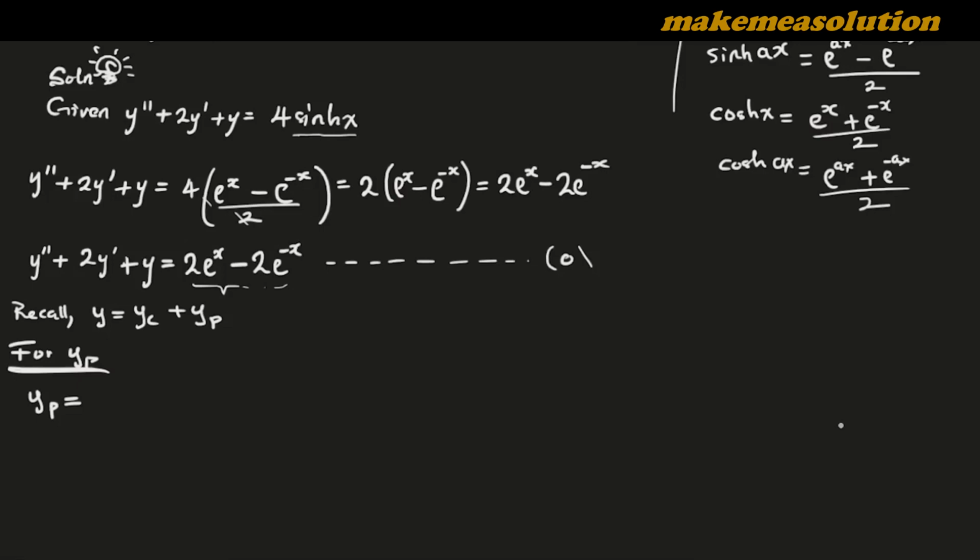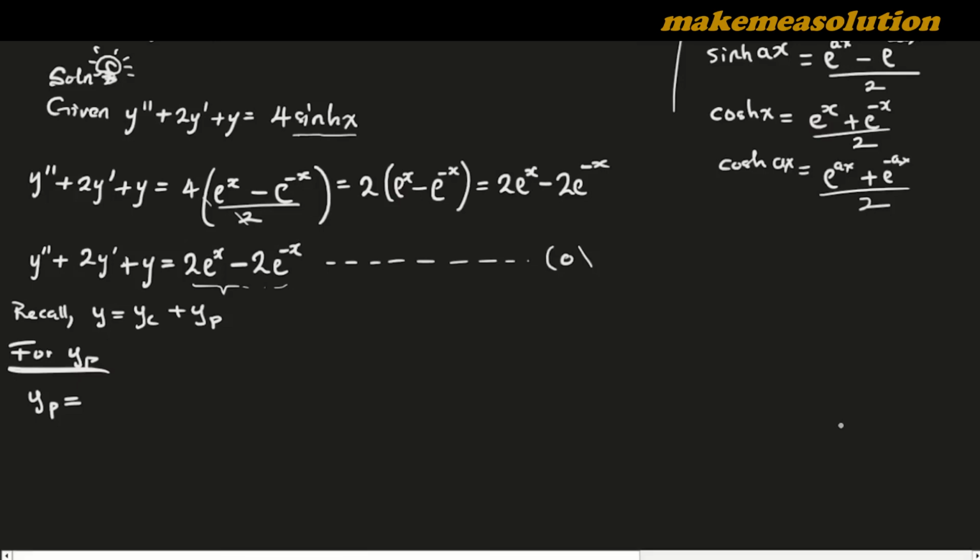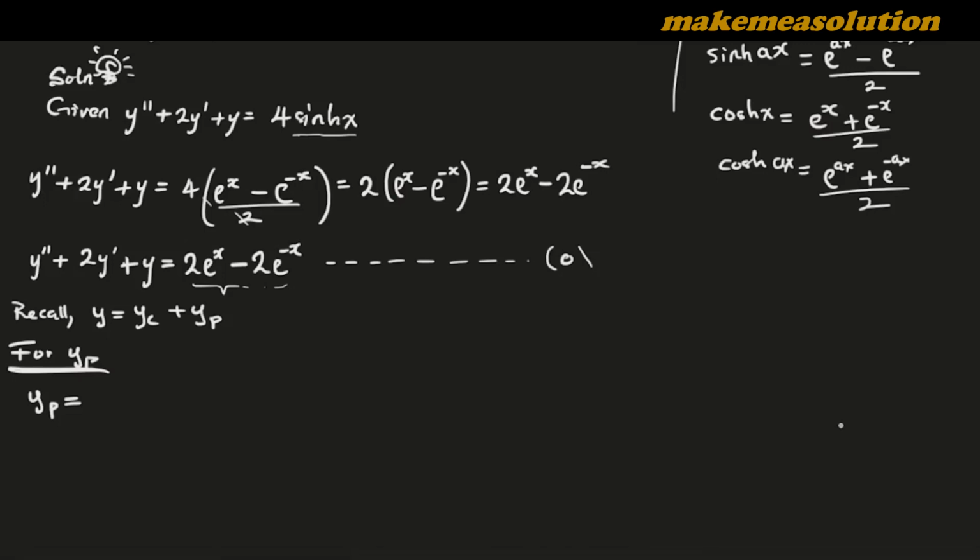So there are two types of exponential function here, the positive exponential and the negative exponential. One is a growth curve and another one is a decay curve. Exponential x is usually tied to the growth curve and exponential minus x is tied to the decay curve. So I'm going to assume a random generalization for the growth curve, which is a exponential x, and a random generalization for the decay curve, which is b exponential minus x.